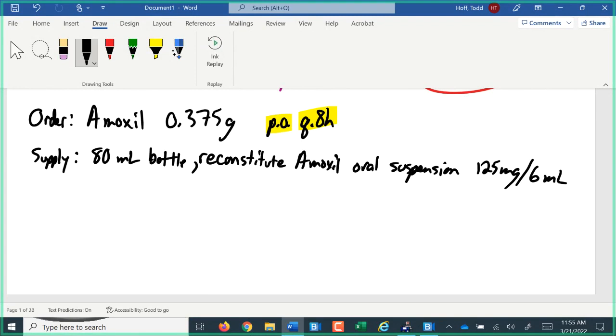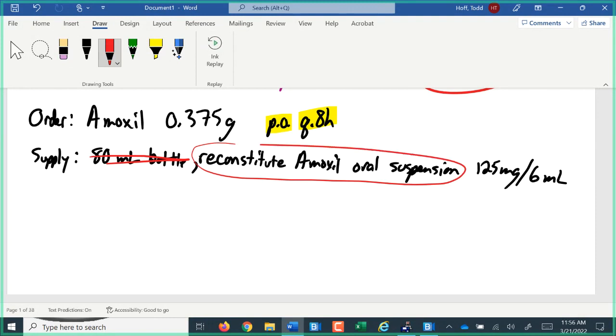There are a few things going on here. First, unneeded information. We don't care how big the bottle is, other than, well, we might need an extra bottle if we need more than what's in there. Next part, reconstitute oral suspension.